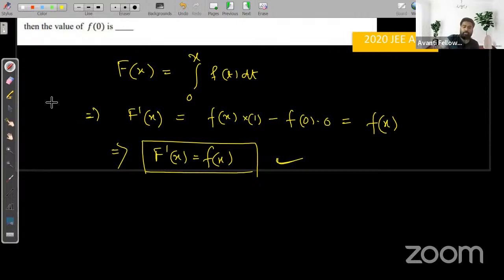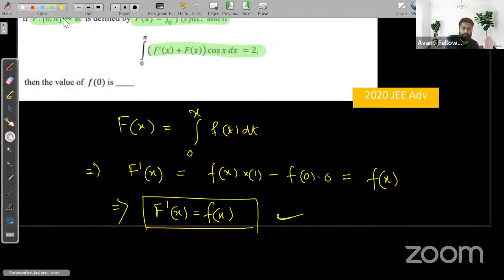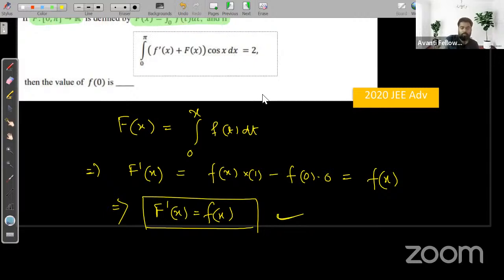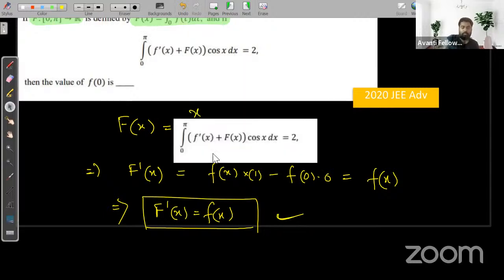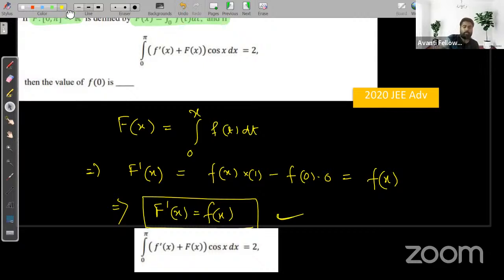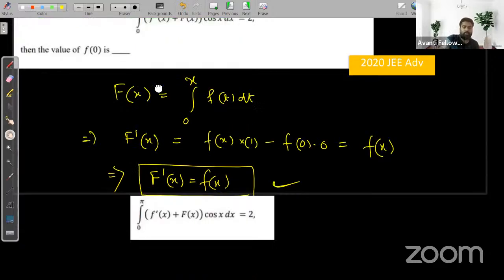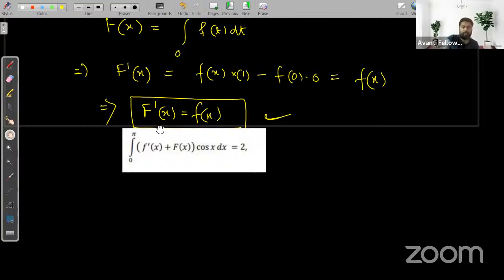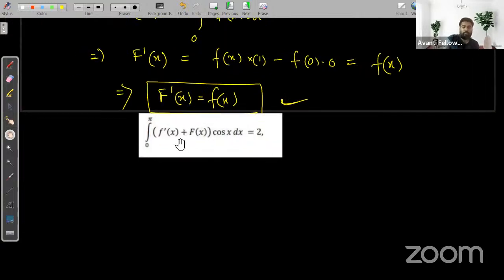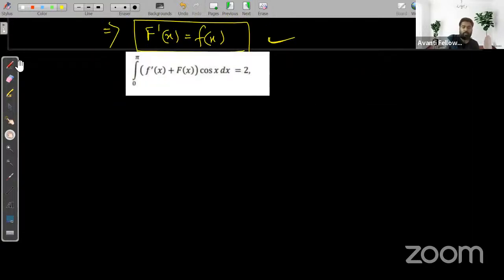Now also in the question we have 0 to pi. Also, it is given that the integral from 0 to pi of f dash of x plus capital F of x, times cos x, is equal to 2.